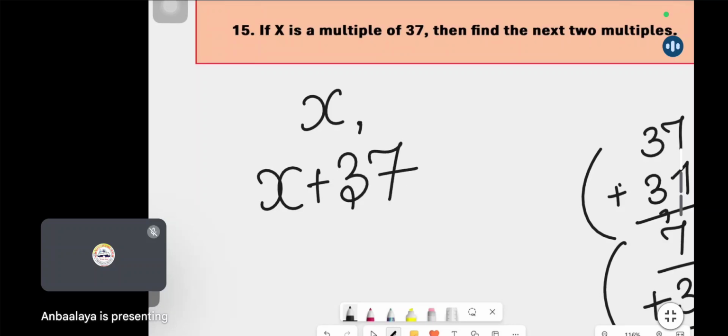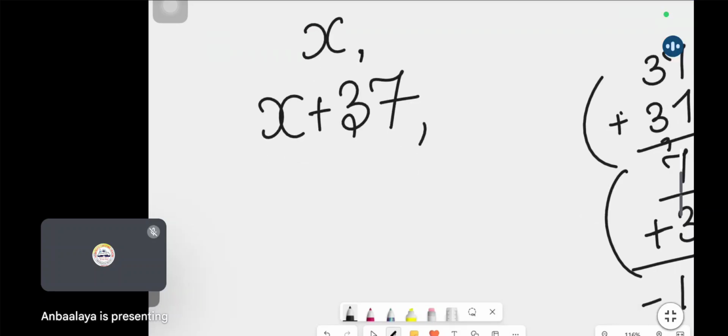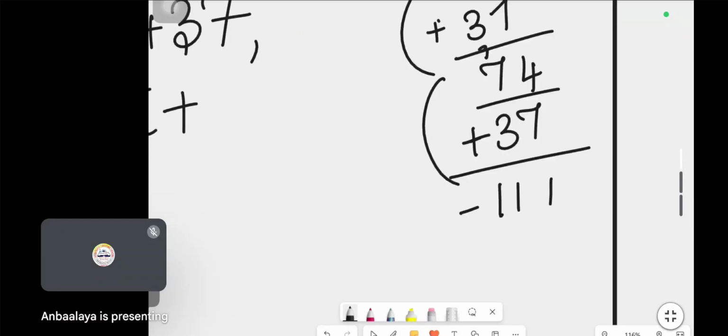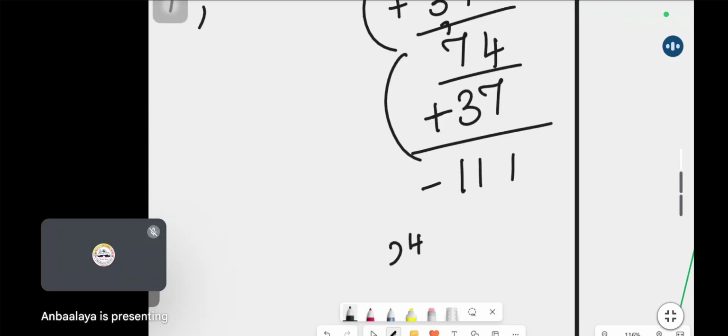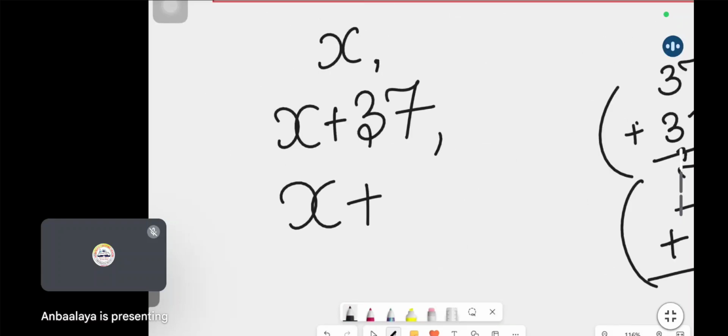What is the next multiple after that? X plus 74. Plus 37, plus 37 makes 74. So the next multiple here is x plus 74. So this is your answer.